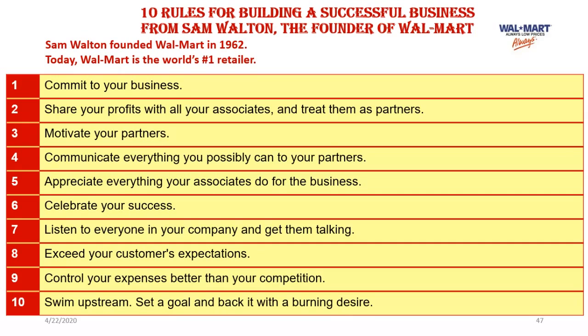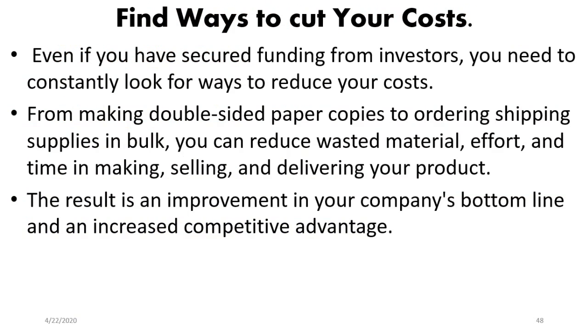Control your expenses better than your competition, and of course sweep upstream when things are getting tougher. So the way you can cut your business cost are some of these things. Even if you have secure funding from investors, like you are going to secure funding from banks, CBN and other sources, you need to constantly look for ways to reduce your costs.